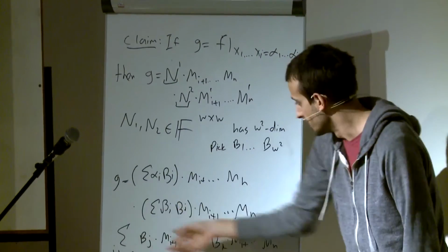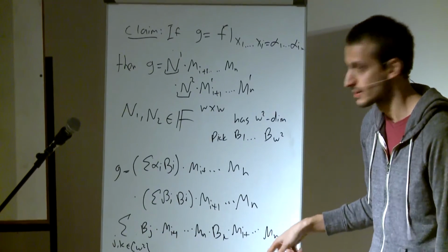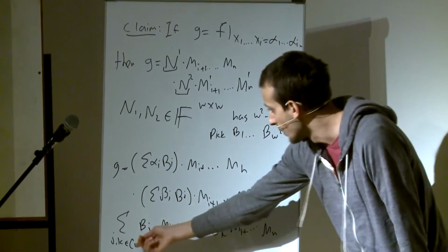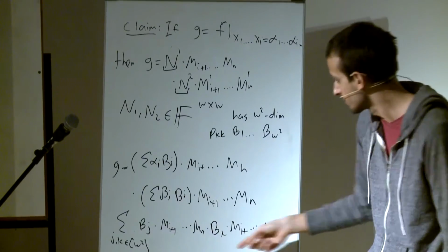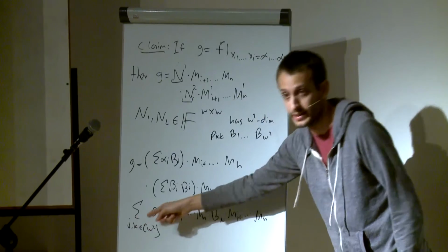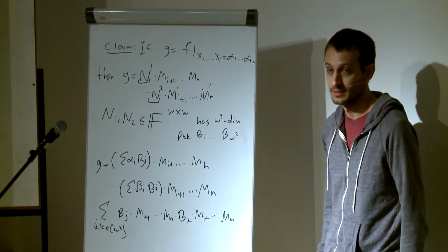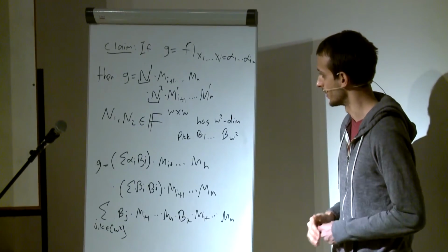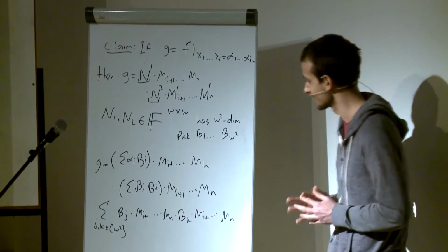So these matrices span the entire dimension of polynomials. How many elements like this do I have? Well, I need to pick j from 1 to W squared, and k from 1 to W squared. I see people nodding, so I guess it's cool.